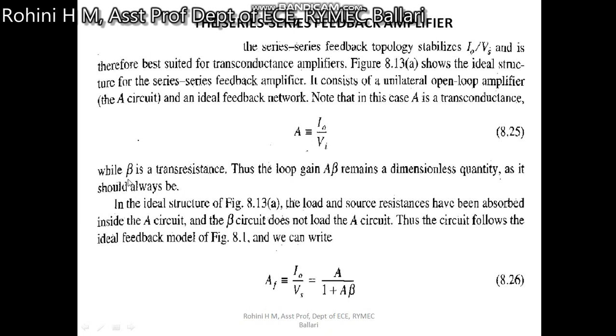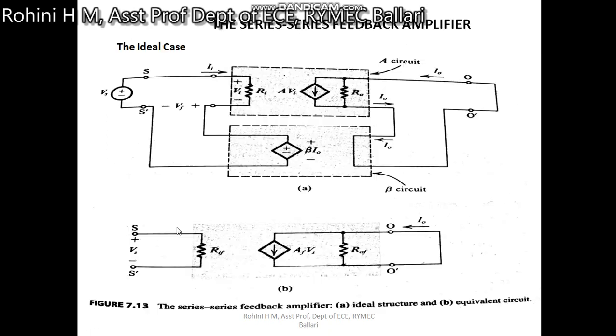So beta is some factor, A beta is some factor, so that is dimensionless. In the ideal structure of the diagram shown, the load and source resistance have been absorbed inside the A circuit. So here we can see the load and the source resistance inside the circuit.